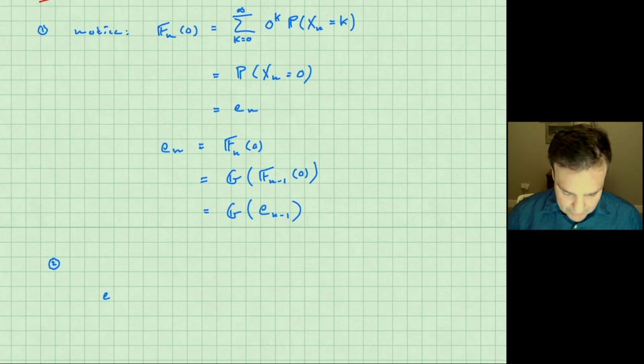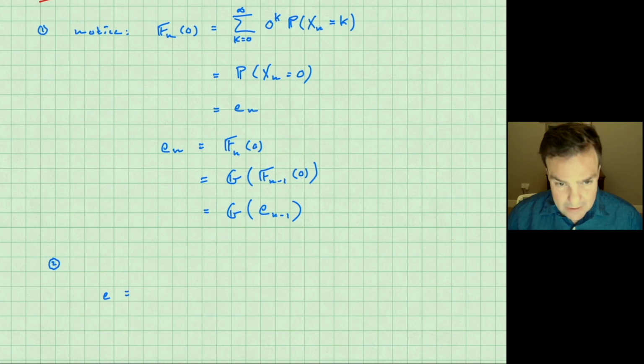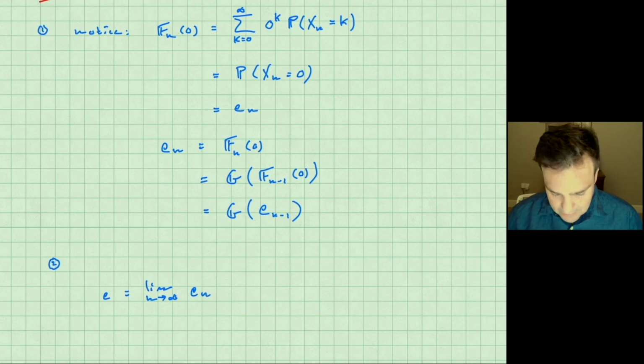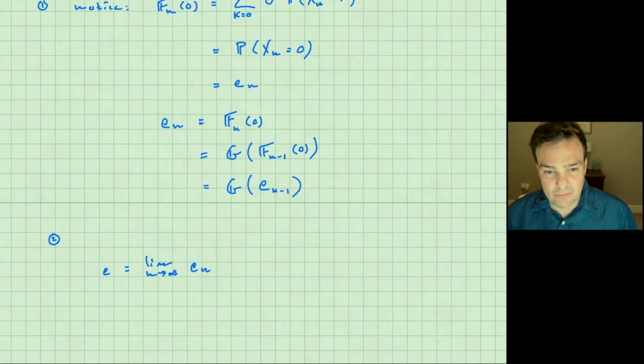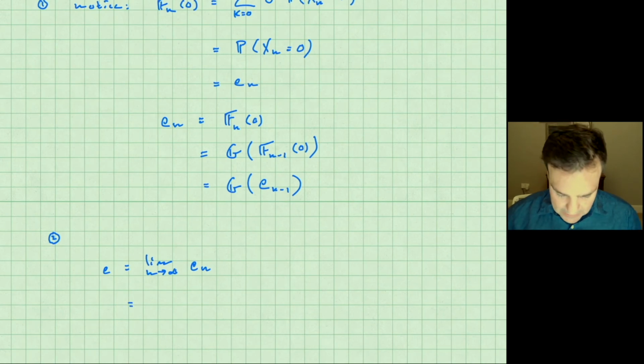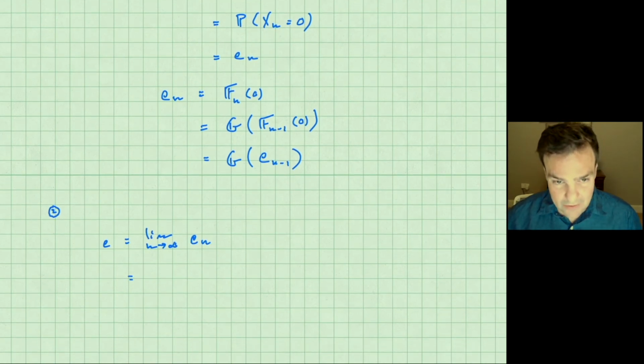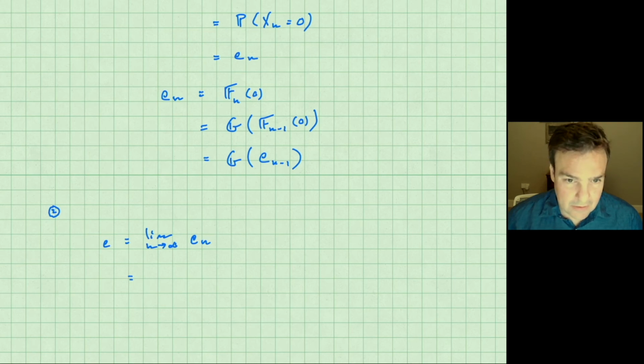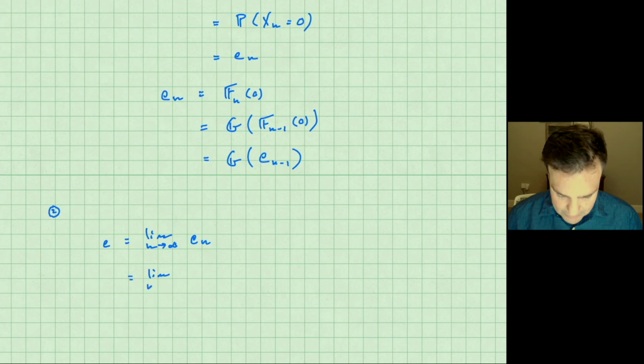So the first thing I'm going to say is that E, we already showed this, is the limit as n goes to infinity of E sub n. That was in the previous proof. And so then I can write this as the limit, taking the previous result just above, as n goes to infinity of G evaluated at E sub n minus 1.